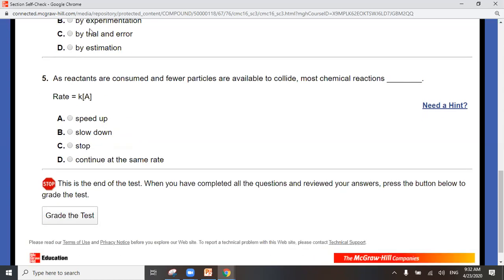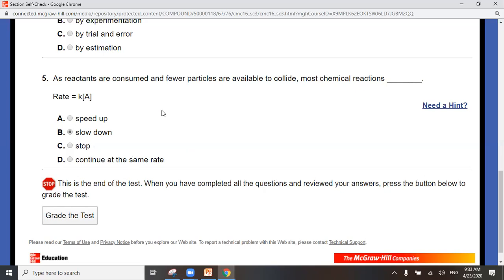As reactants are consumed and fewer particles are available to collide, most chemical reactions will speed up, slow down, stop, or continue at the same rate? It will slow down.